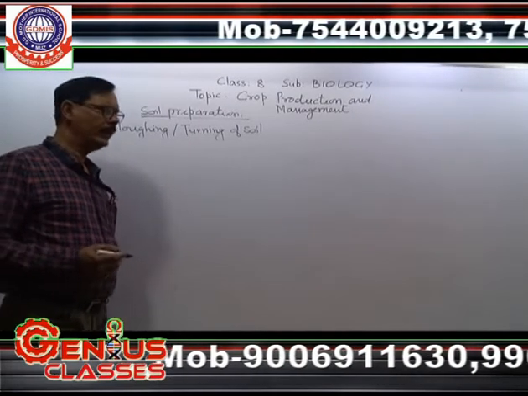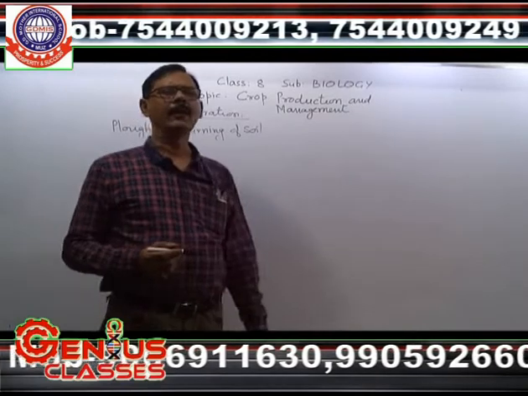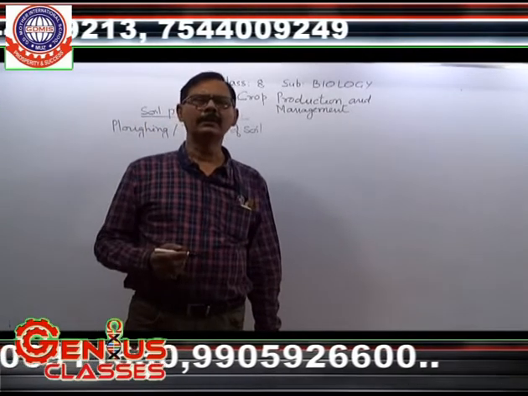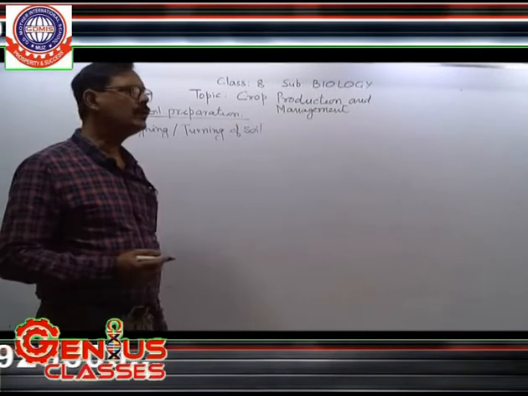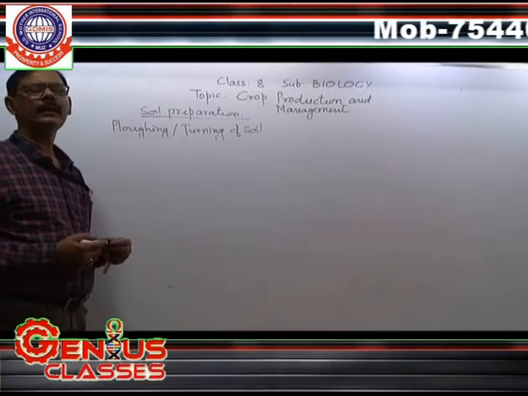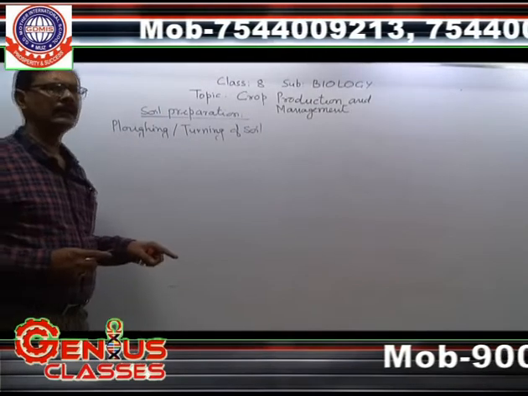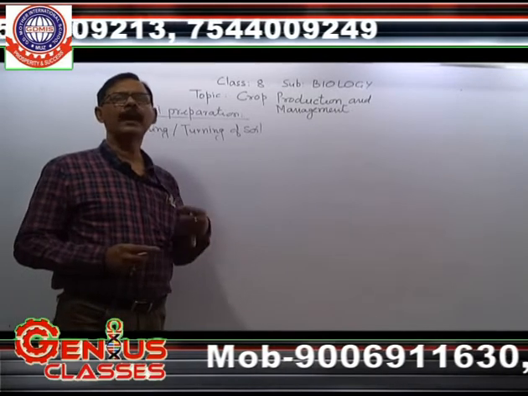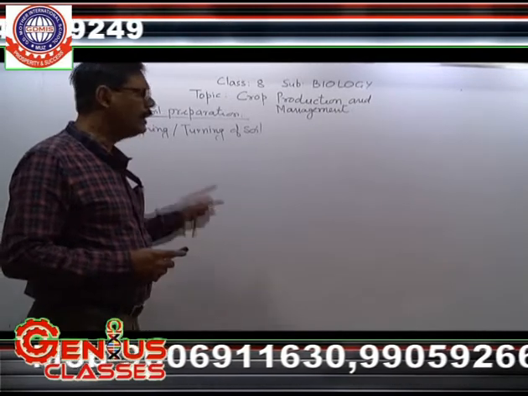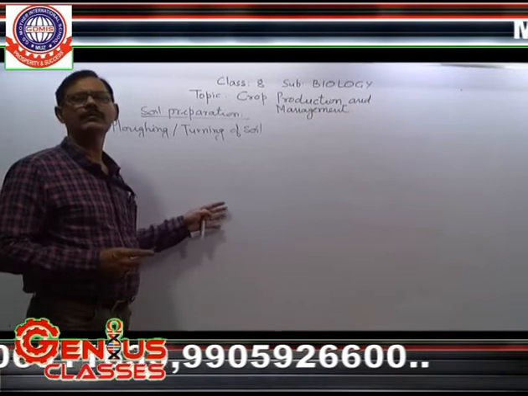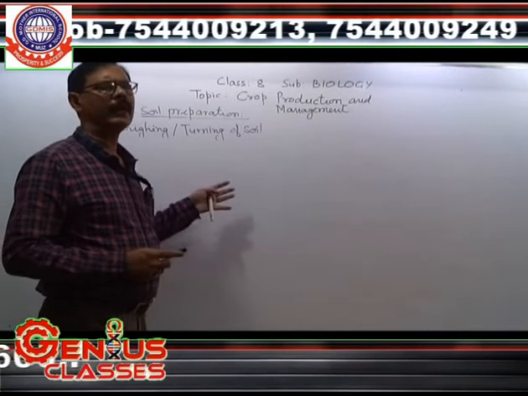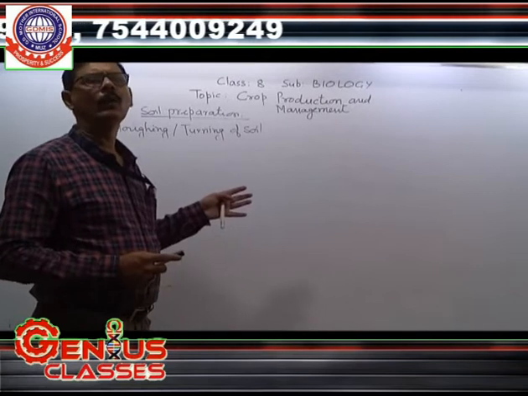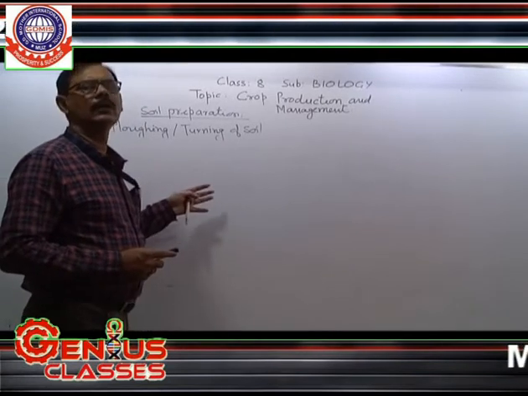You must be knowing that every part of the plant respires separately. Since roots of the plant remain within the soil, they have to respire as well. So unless there is the availability of oxygen within the soil, they cannot respire well. If they will not respire, the plants will not grow, rather they will get destroyed.